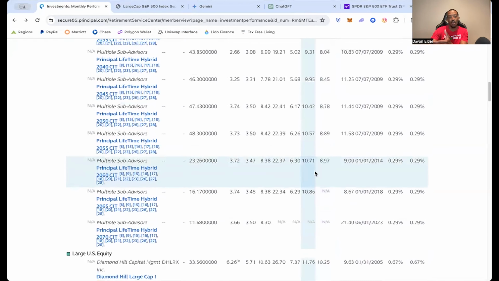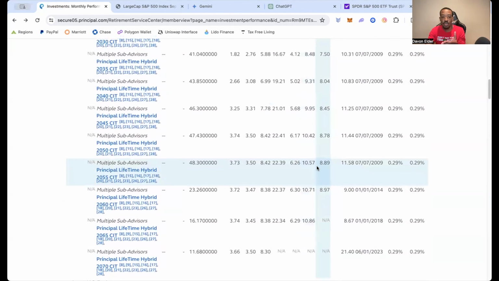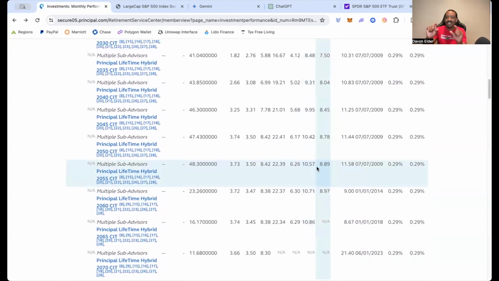Everybody wants to call out the target date funds and talk about how good they are. The problem is that they're going to underperform over the long term because of that fixed income component. That fixed income component is not 100% foolproof. It's not 100% risk off. Why?